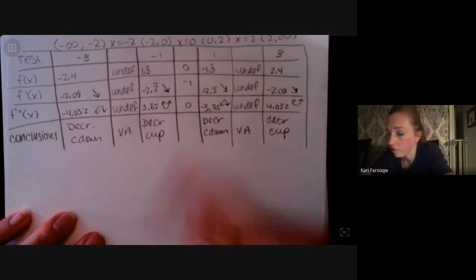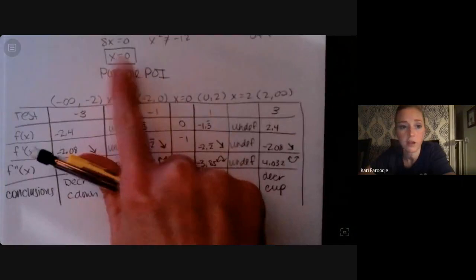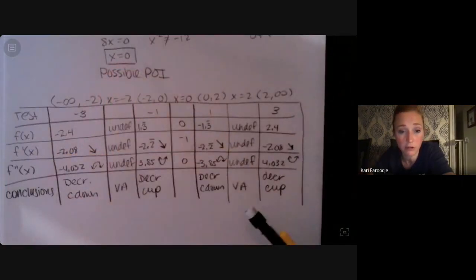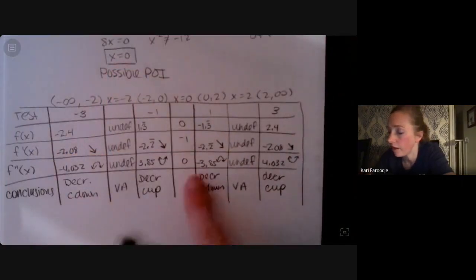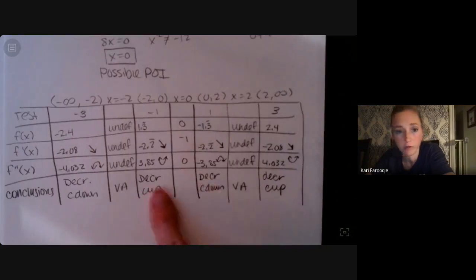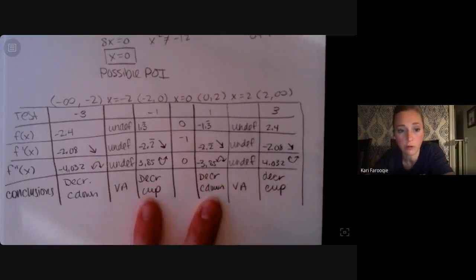Remember that x equals 0 represented a possible point of inflection. So that's kind of where we were expecting the concavity to change. And notice that on each side of this value at 0, your concavity is different. We went from concave up to concave down between these two intervals.